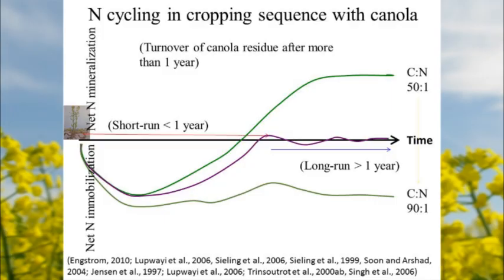And so a lot of that can be due to the quality of that residue. Canola has a wide range of C to N ratios. It depends on your nitrogen fertility. It depends on the amount of residual nitrogen in the soil, so not just your fertilizer additions, as well as other factors too. And so that can influence the availability, and that's why you may see discrepancies in various studies done.